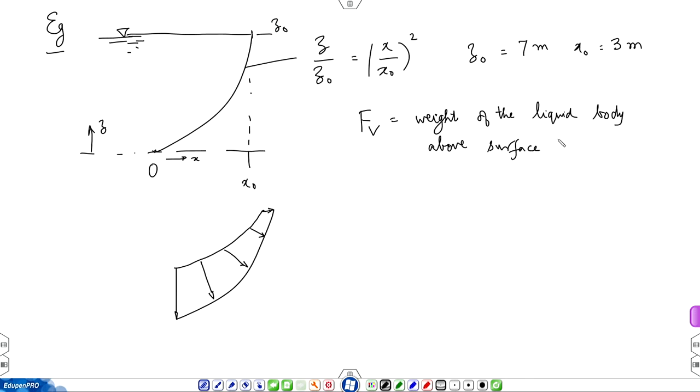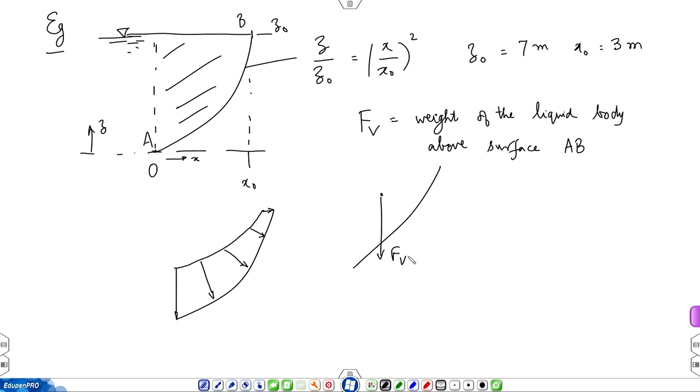So, we may call it A B. So, you can draw a line like this, and then the weight of this liquid body will act as, this is F vertical.